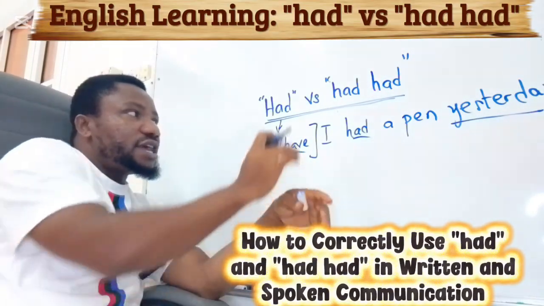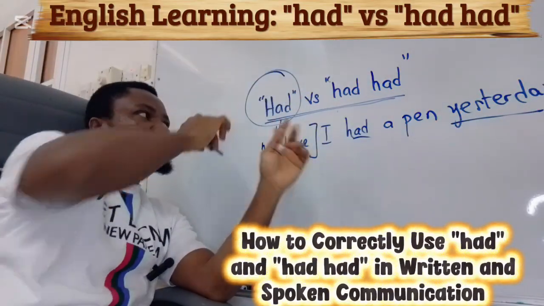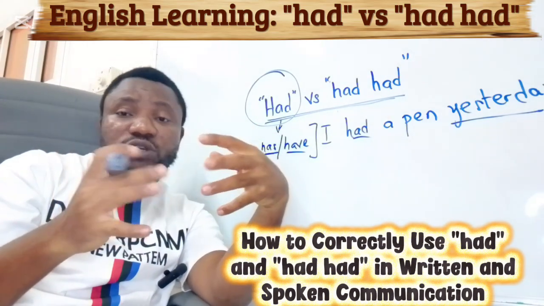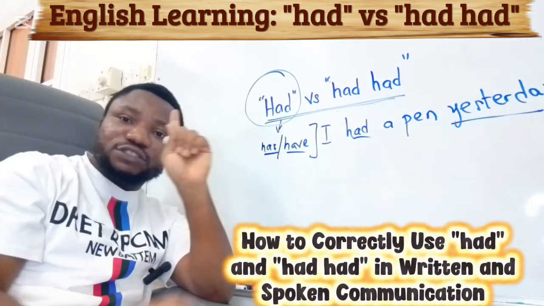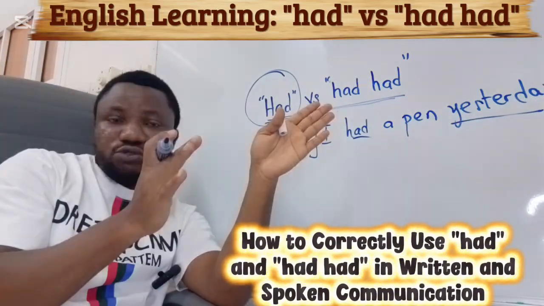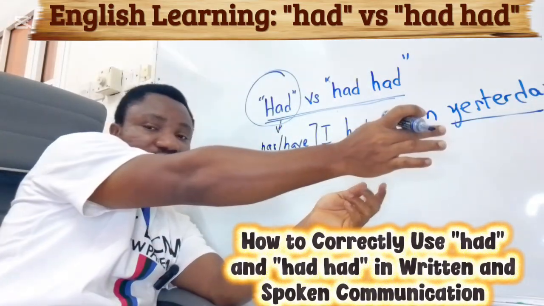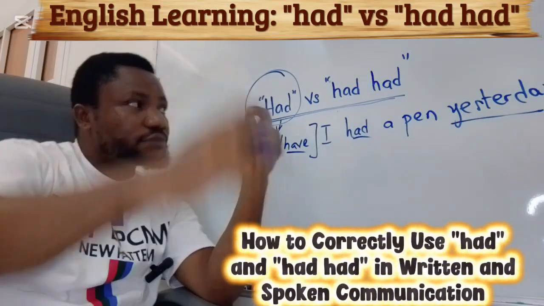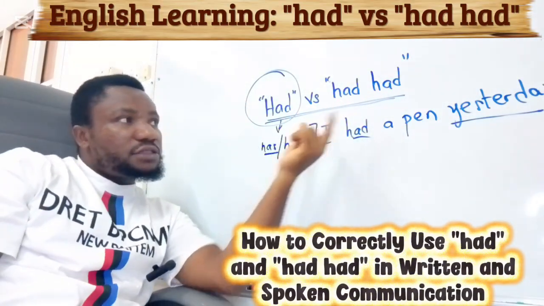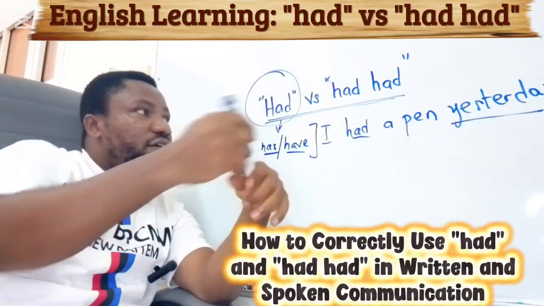And remember, the only time that you use the single verbal phrase had in a sentence or in a spoken situation is when you have just a single event, a single action to talk about. I had a pen yesterday. She had a pen yesterday. Now, coming back to had had, there are two verbs here.